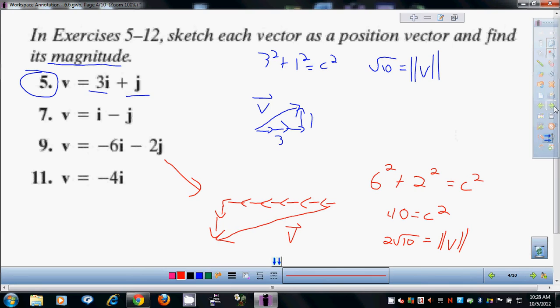If it was 384j, 384 would be the magnitude. If it only has one letter, the positive of that number has to be the magnitude. By all means, do Pythagorean theorem, but you should get square root of 16 as your magnitude when you do it. Questions about anything on that board?